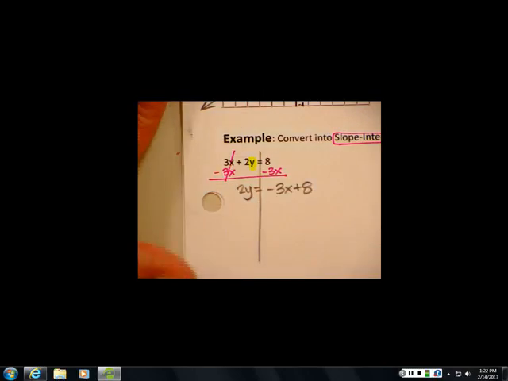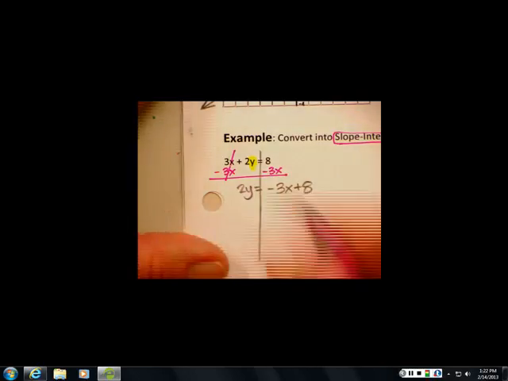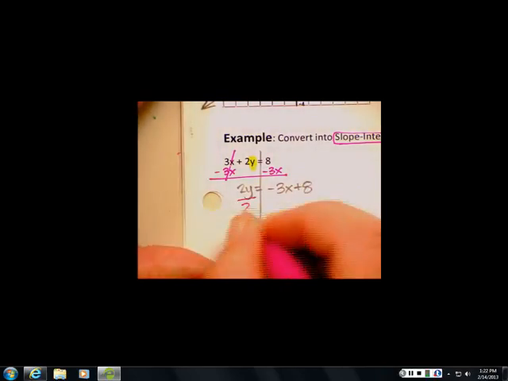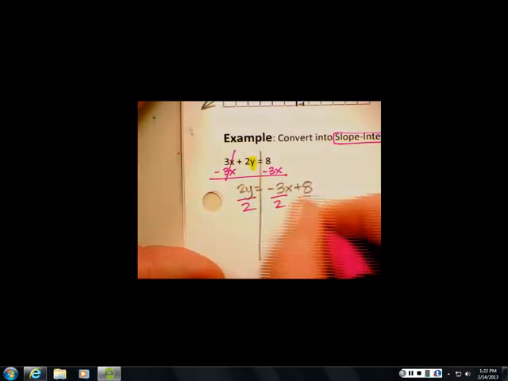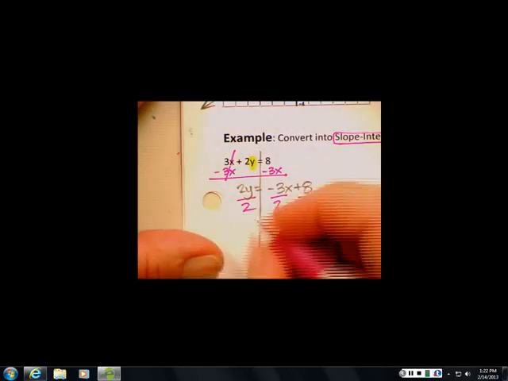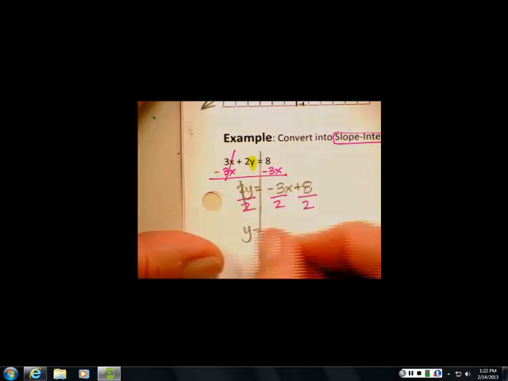The reason why is because we're trying to land on that y equals mx plus b. So you want to put x first. My y is not totally isolated yet. I need to divide both sides by 2. So I divide everything by 2, and I get y equals, these cancel, y equals negative 3 over 2x plus 4.